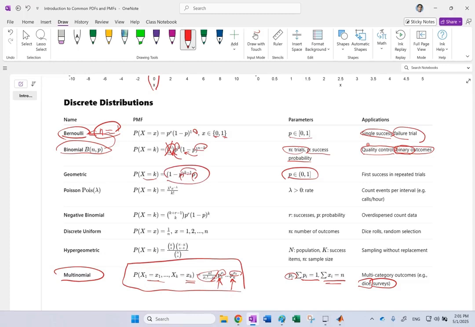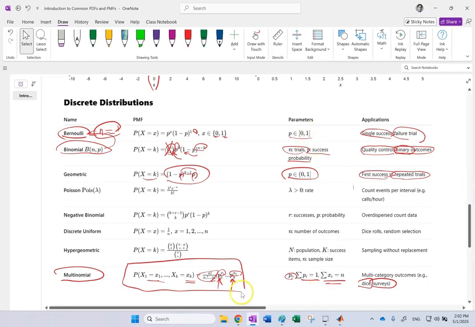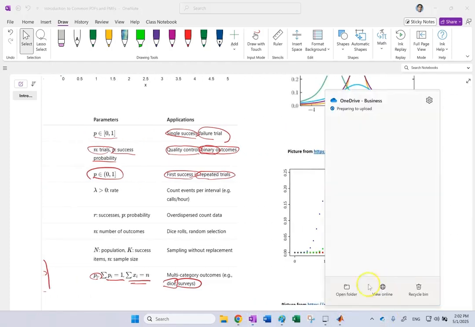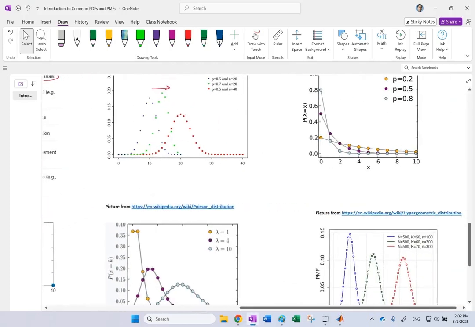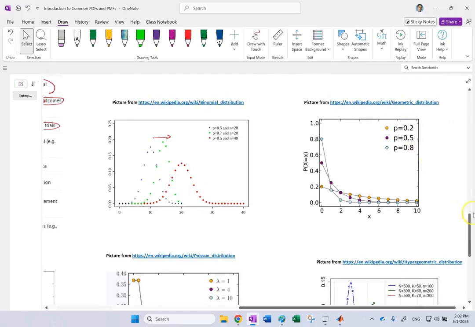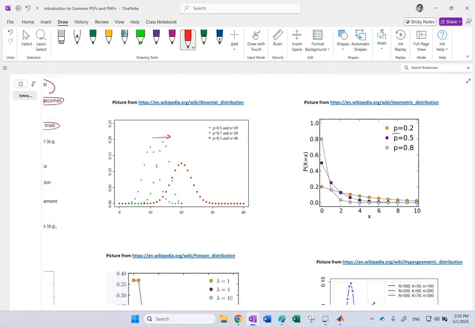This is when you repeat trials of some experiment back to back, and you want to know when the first success happens. When you want to look at the distribution of when the first success happens, that is a geometric distribution. And let's see, I should have something for that. Yeah, there we go. So these are for different p's.